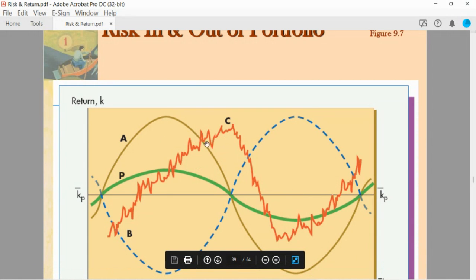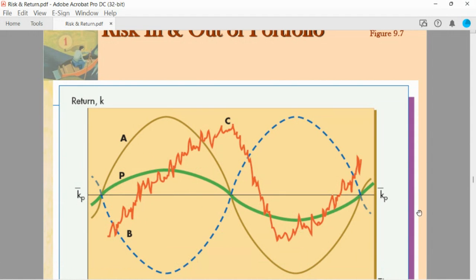So if you find something like A and C, put 50-50 in each, or whatever combination. It could be 70-30. Then if you construct a portfolio, the mean of the portfolio doesn't change.